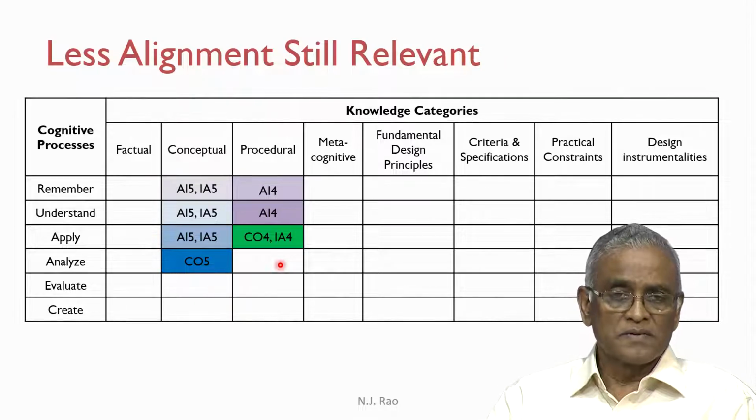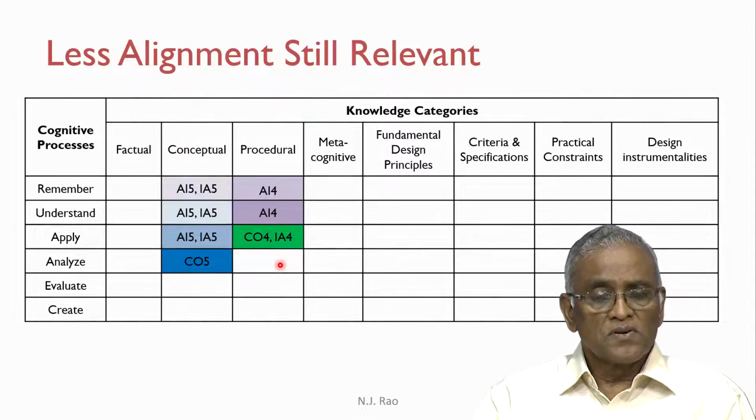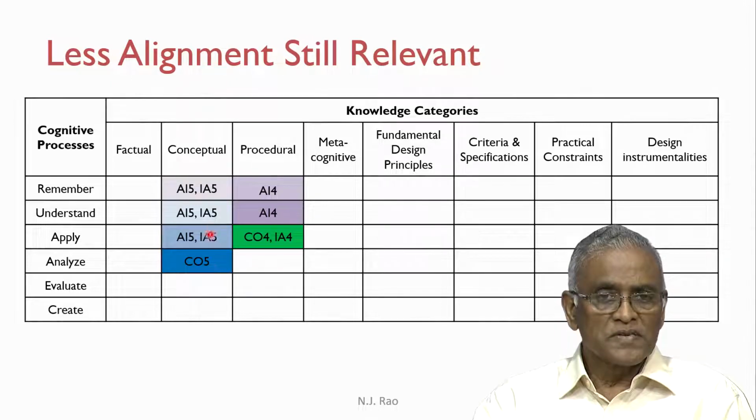Now you have another case, where CO5 is in the analyze and conceptual category, but my assessment items as well as instructional activities are all at lower-level activities. This is total misalignment, because instruction itself is not doing anything to make a student analyze.